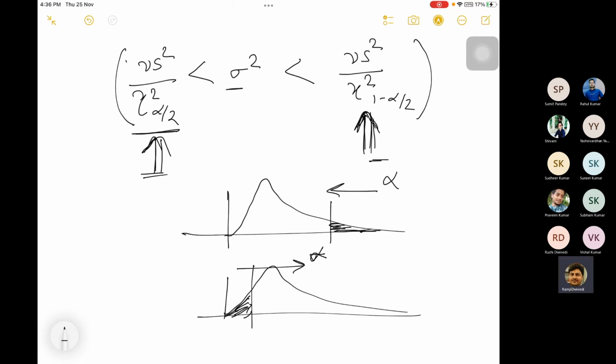Sumit, is it visible? Yes, sir, it is visible, sir. Okay, okay. So with this confidence interval, I'll share certain pages from where you can solve for the equation.